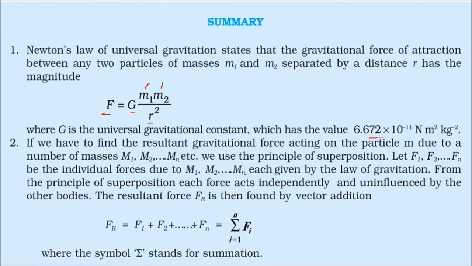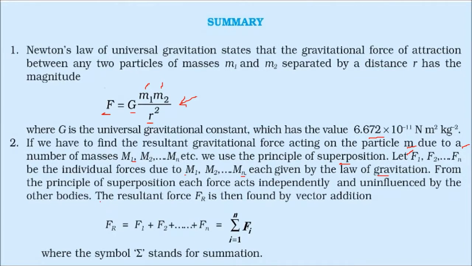If we have to find a resultant gravitational force which is acting on a particle of mass m, due to a number of masses m1, m2, up to mn, we are going to use the principle of superposition. F1 to Fn are the individual forces acting, and each will be given by the law of gravitation as you saw here.